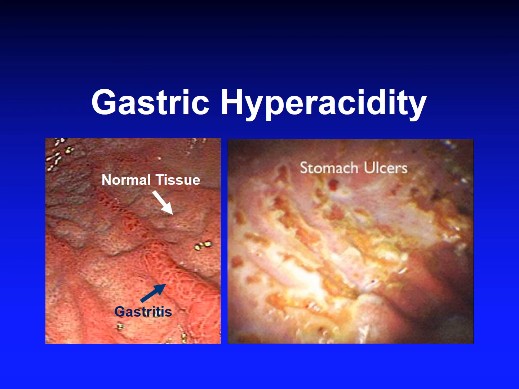Just to remind you, the white arrow points at a nice light pink tissue. That's the normal tissue of the mucosa of the stomach, whereas the dark blue arrow is pointing to the inflamed tissue in the stomach.